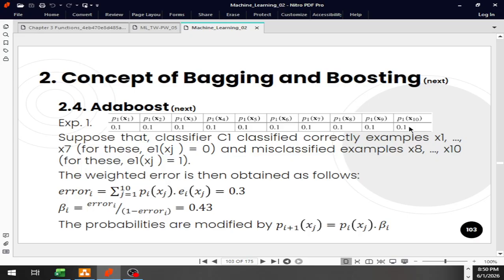This is the most important, because later when we build the next classifier, we are going to, as we did in the first instance, pick randomly but with highest probabilities for the misclassified and lowest probabilities for the well classified. This is how it gives more attention to the badly classified instances. This is the idea of Adaboost.